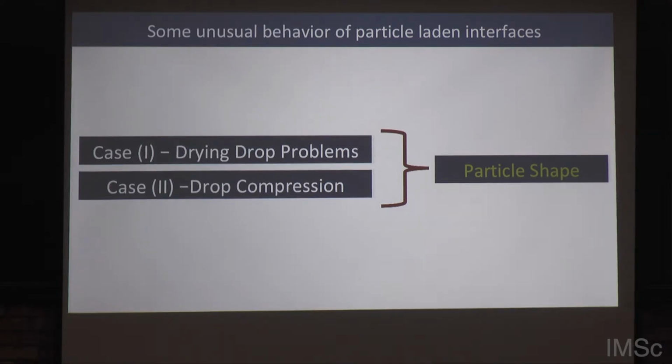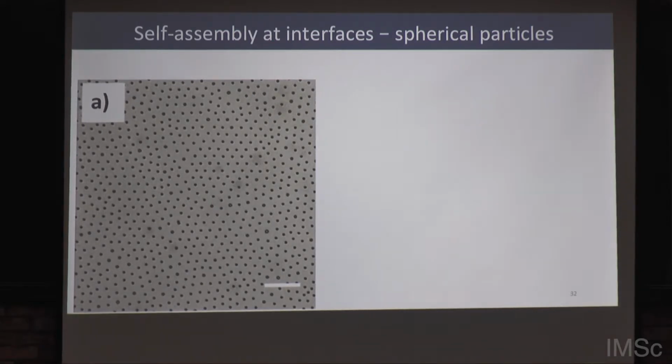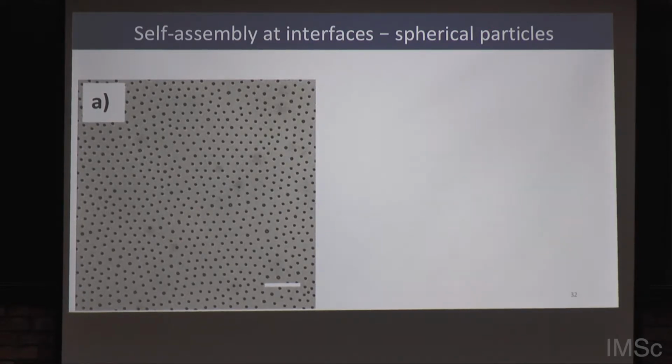Okay, so self-assembly of particles at interfaces is very widely studied. If you have spherical particles, as I showed in this picture, there's a more or less crystalline arrangement, with large gaps between the particles and hexagonal order. Every particle has 6 neighbors. That's known.